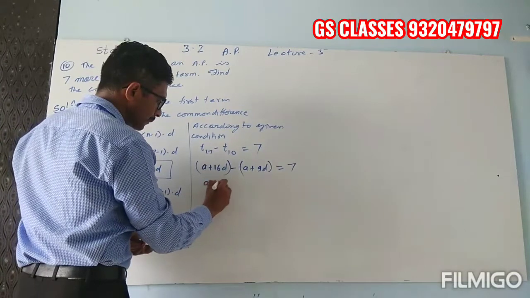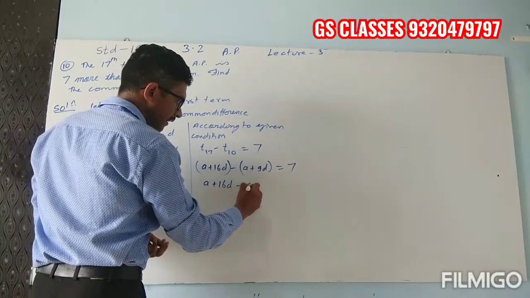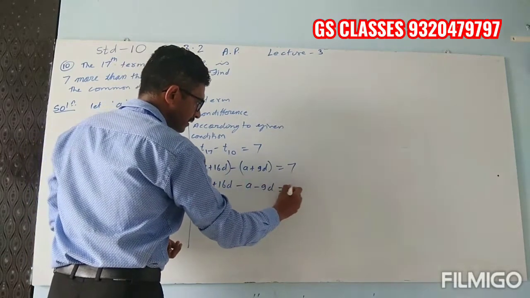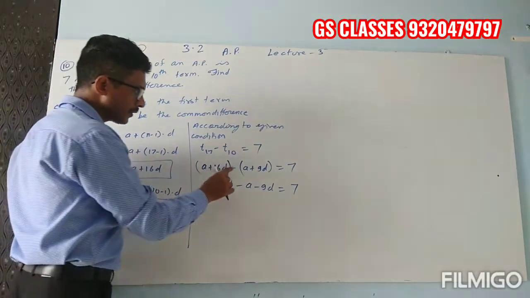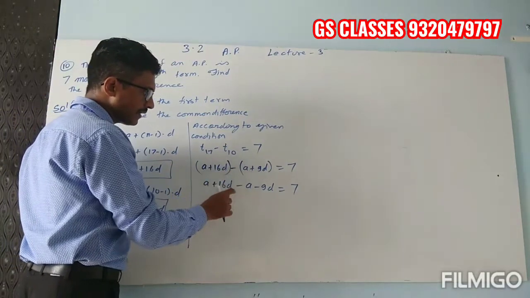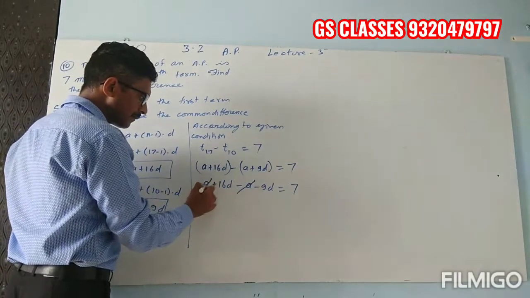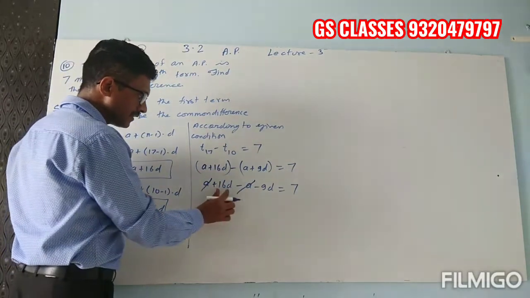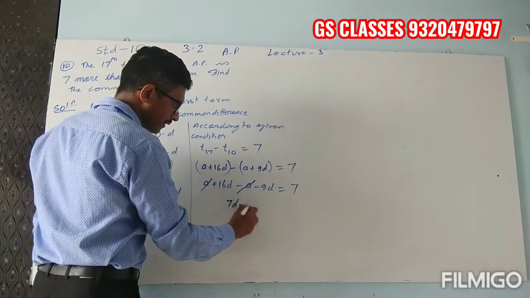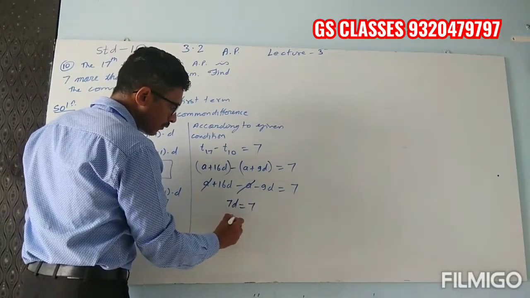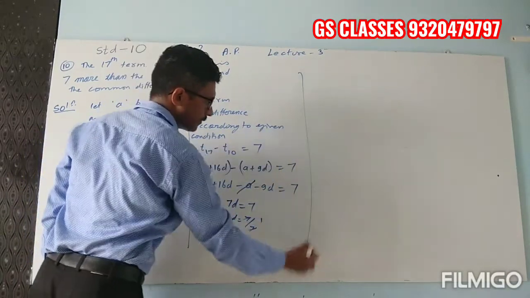Here A plus 16D minus A minus 9D is 7. Dear children, we are opening the bracket, so the sign will change. Minus A and plus A will get cancelled. 16D minus 9D will become 7D. So D will become 7 by 7, that is 1.